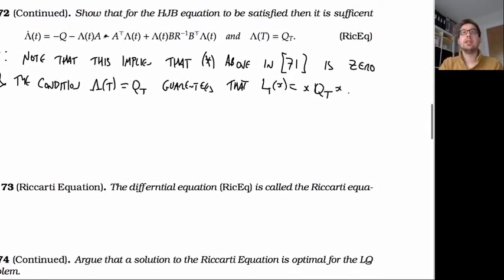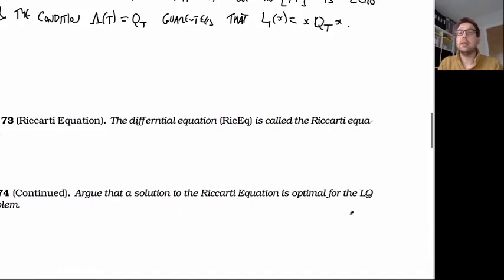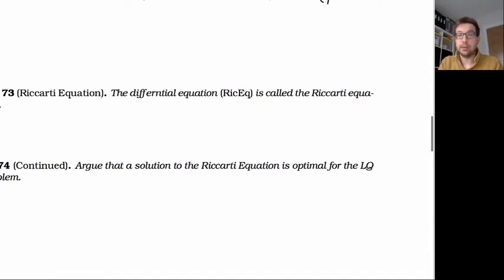So the differential equation here above is called the Riccati equation, okay, and it says to argue that the solution of the Riccati equation is optimal for the LQ problem, okay?